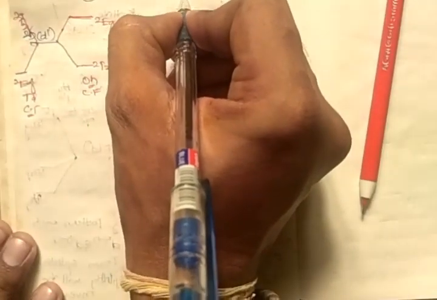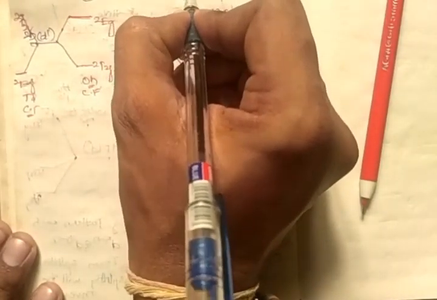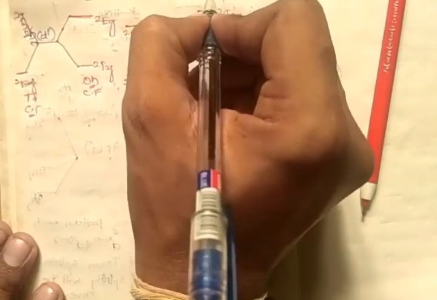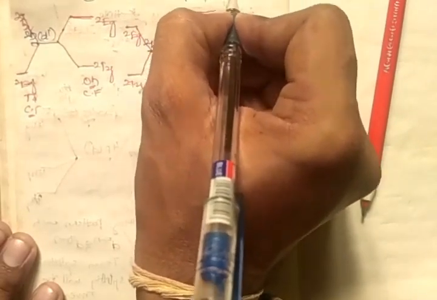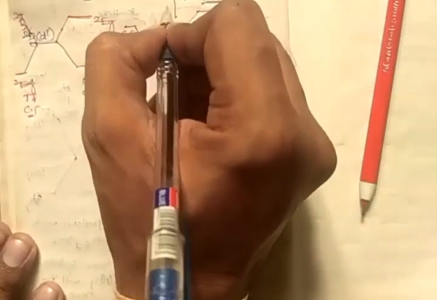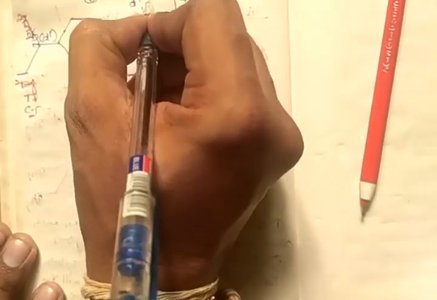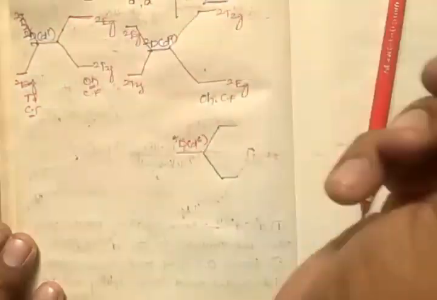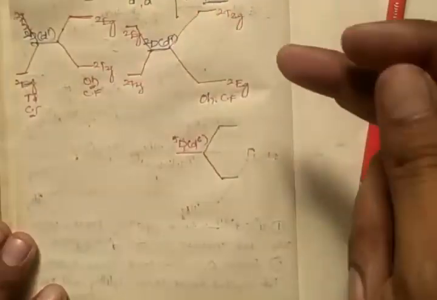We know that dn and d(5+n) will have a similar splitting pattern, and dn and d(10-n) will have a similar pattern.